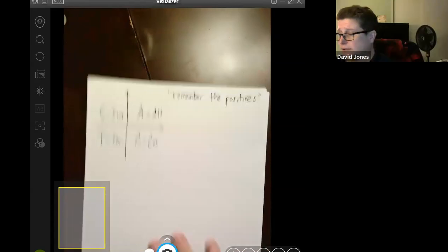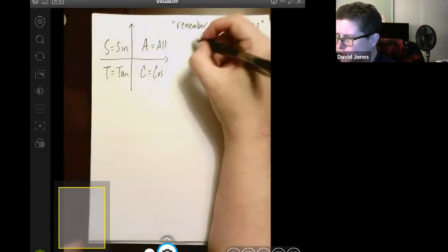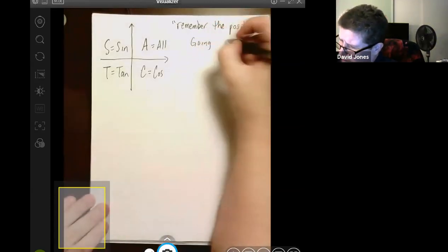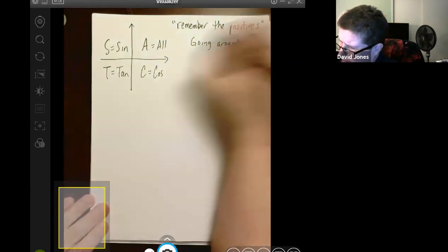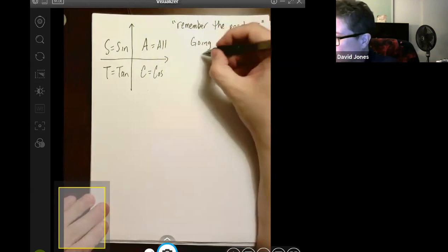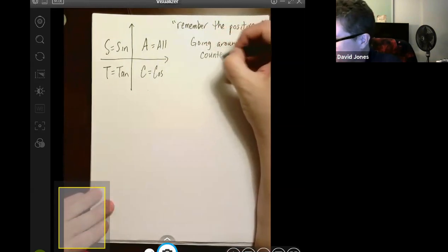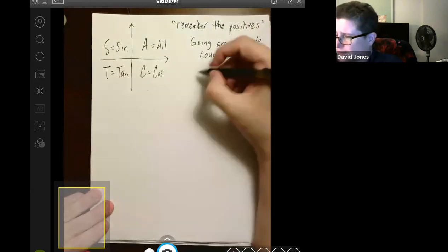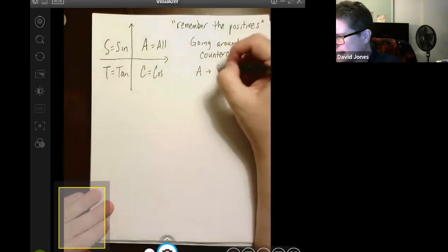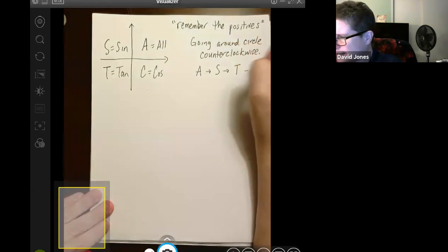So, going around the circle counterclockwise, the way angles go positive, A, S, T, C.